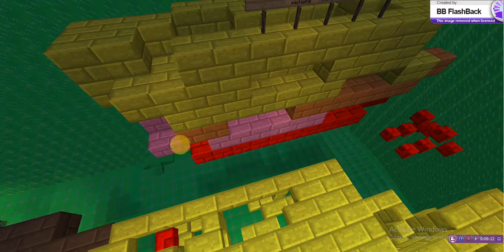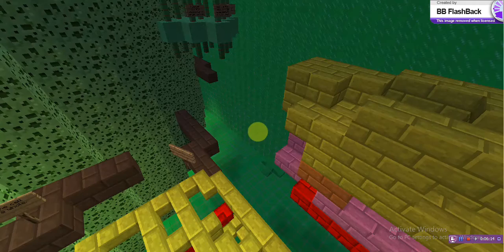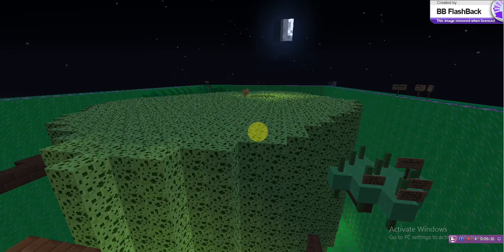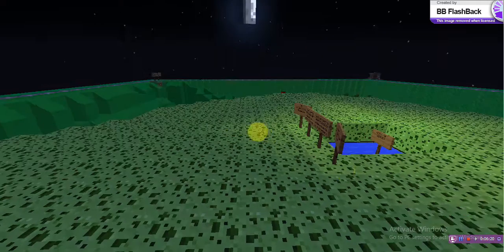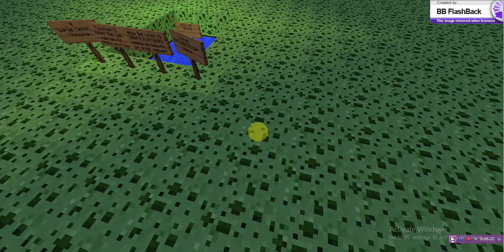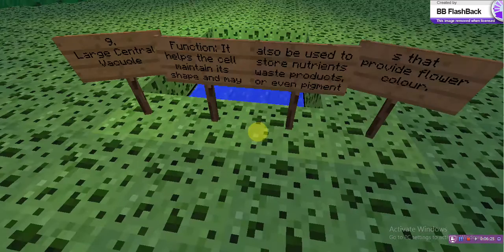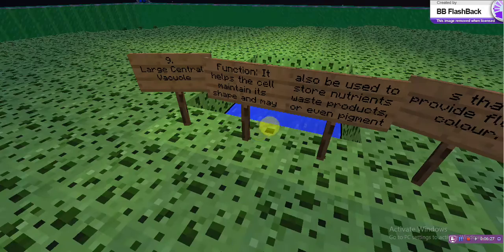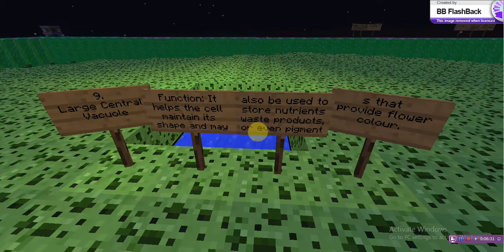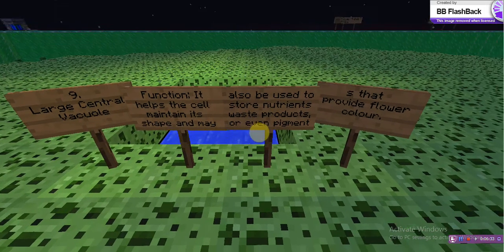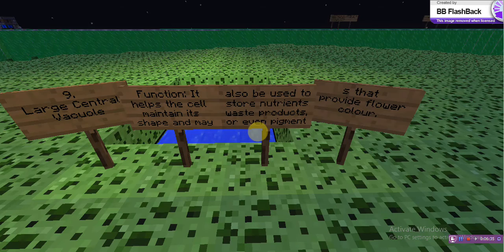Next we have the giant thing in the middle of the cell, which is the vacuole, the large central vacuole, which takes up almost the entirety of the cell. Its function is it helps the cell to maintain its shape and may also be used to store nutrients, waste products, or even pigments that provide flower color.